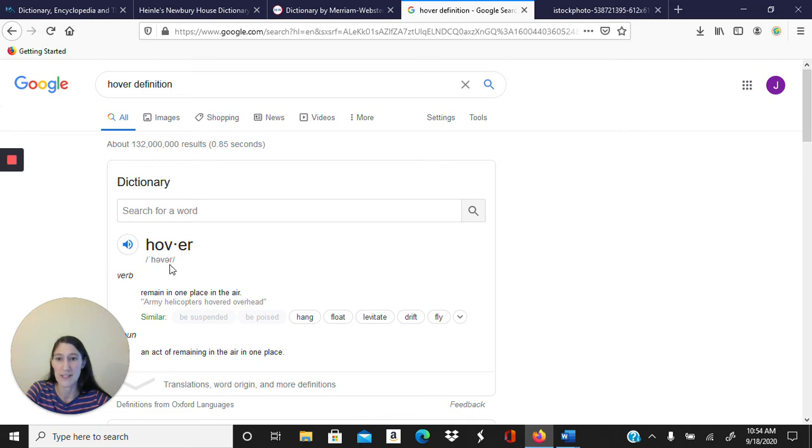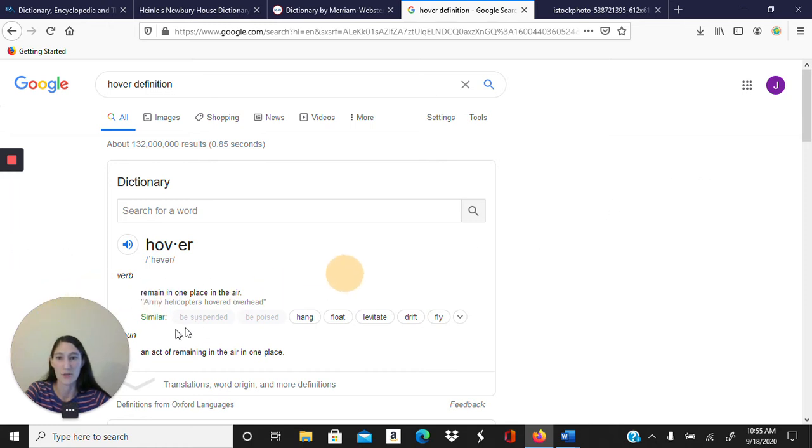And if you look, here's the phonetic pronunciation, and you see that little line there is telling you where the stress is in the word so that you can pronounce it correctly, right? So I know it's hover with the stress on the first syllable. Okay, and you can listen to it, and understanding where the stress is is really important.